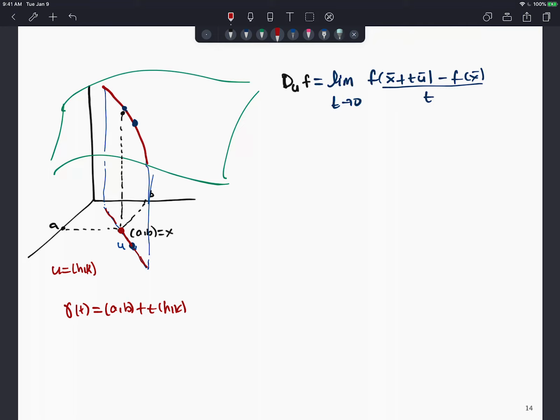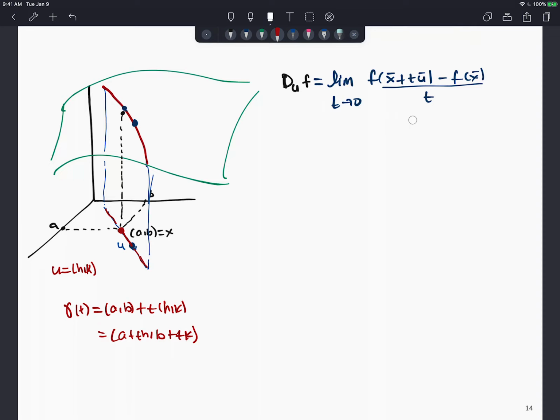So gamma of t is this red line in R^2. This is really a plus th, b plus tk, sorry. Now, notice what I'm measuring over here.